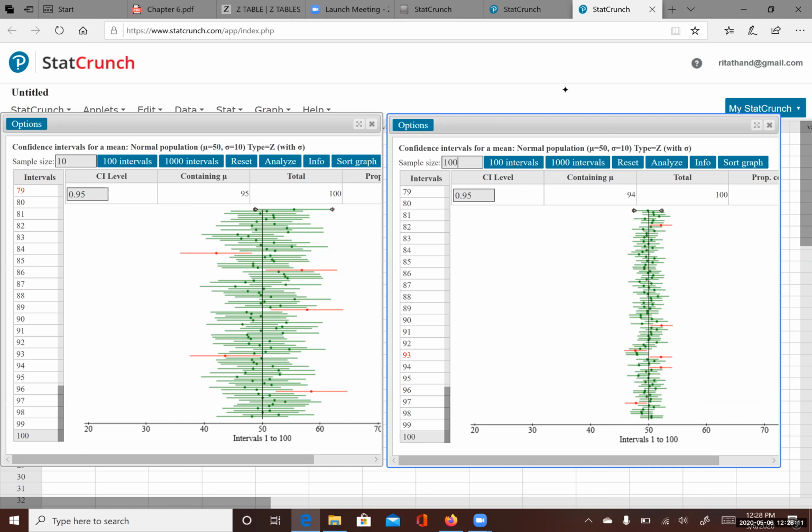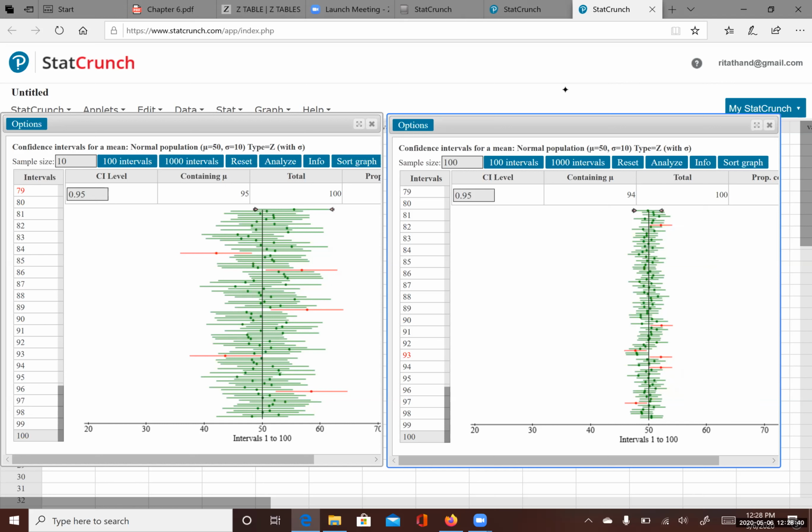Six of the confidence intervals missed the population mean, with the same level of confidence, which is 0.95. It's about 95%, not exactly 95. Sometimes you have more than 95%, sometimes less, but the number of confidence intervals that capture the population mean is around 95%.